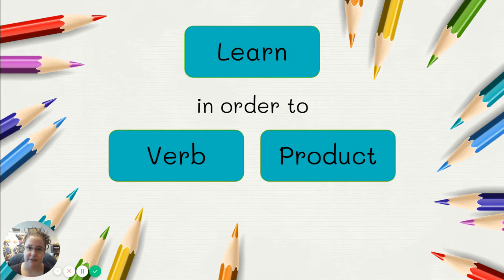So I've devised a sentence frame for use in writing learning objectives and success criteria. Learning in order to verb a product. The learn is the learning objective. What do students need to know? And verb and product is the success criteria.